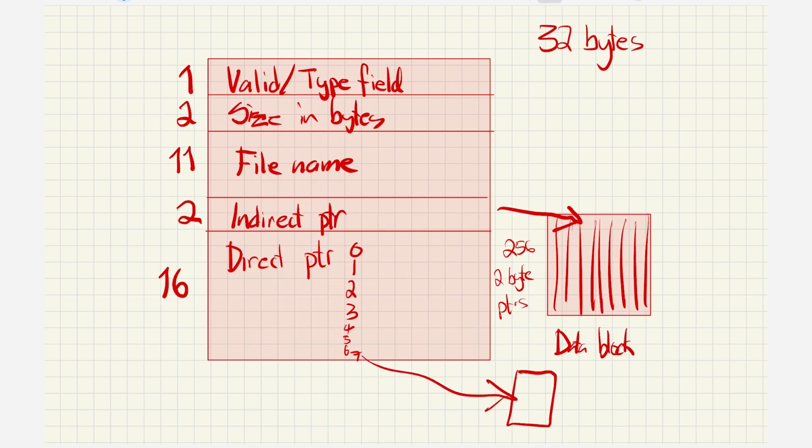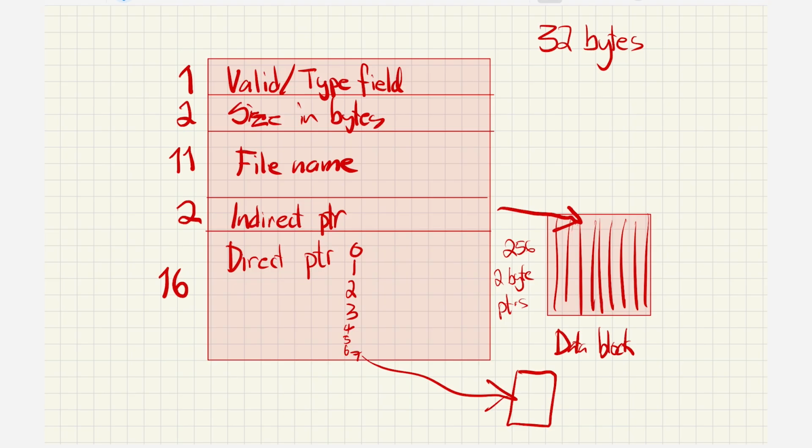So this means that all small files, so up to 4K, will be directly pointed and a little bit faster to access. And if the file is bigger than that, it will also populate this indirect pointer field, which makes it possible to have bigger files.